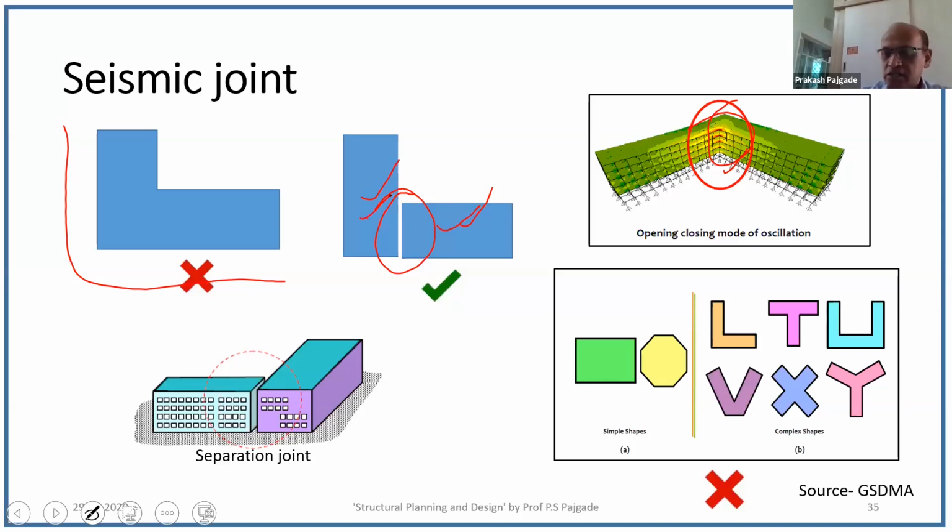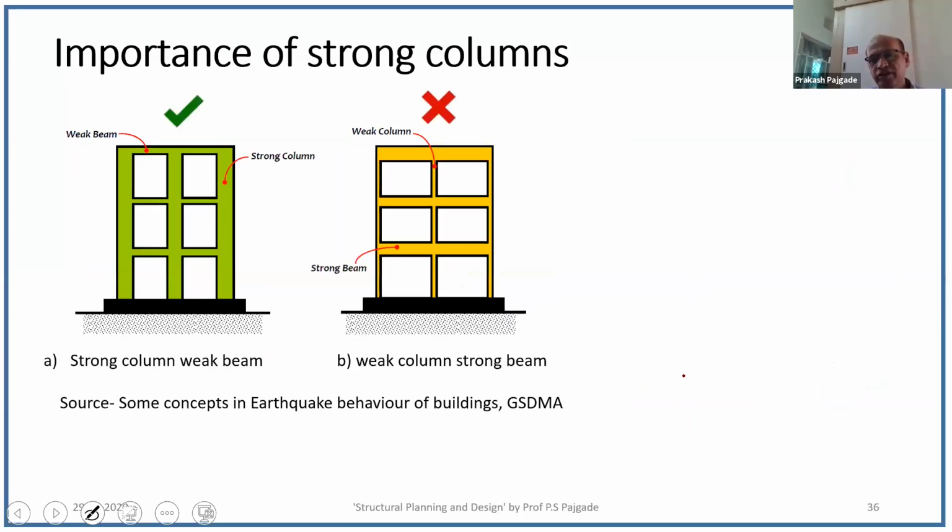So whenever possible we must have a simple shape. If complicated shapes are there, to improve their behavior, we can provide seismic joints, and with the help of that, we can change the behavior and the performance of the building will be better.